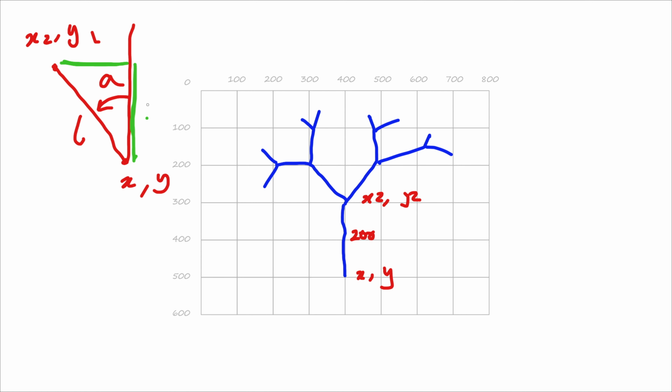Now you'll remember, hopefully, you can go back and have a look, that this thing here, let's just draw a 9, and that one is going to be L times sine of the angle.